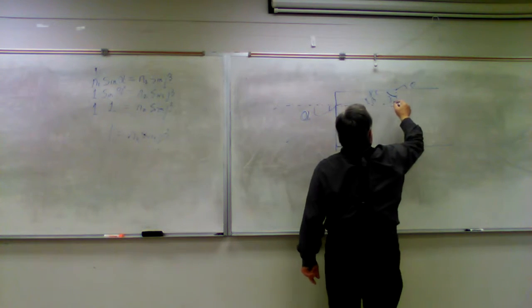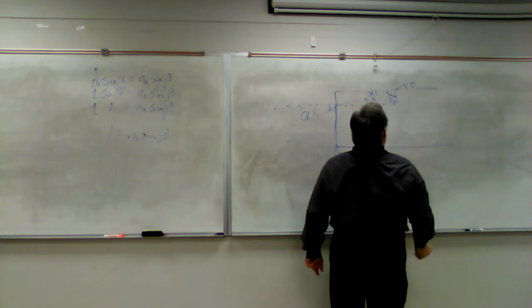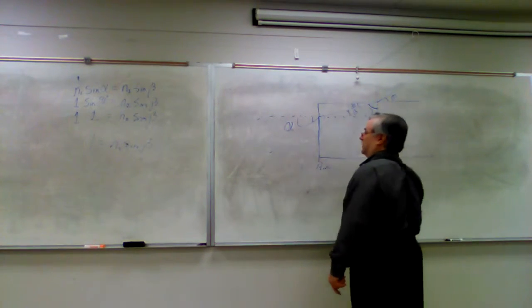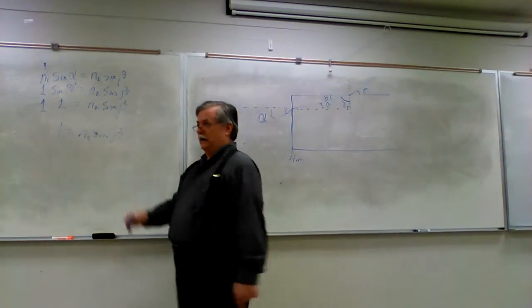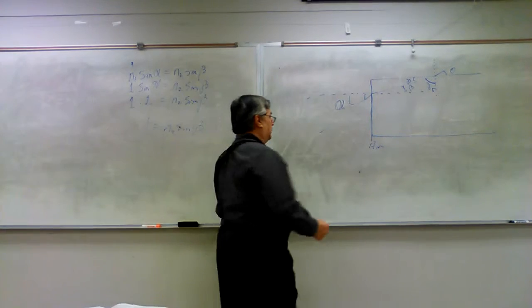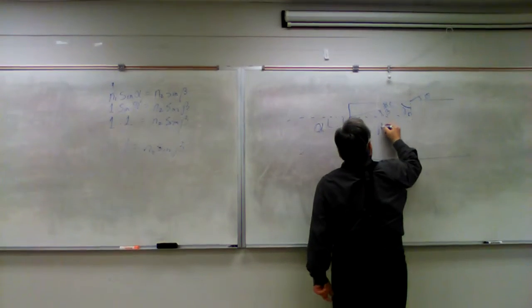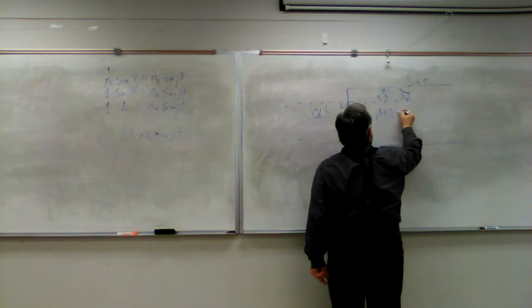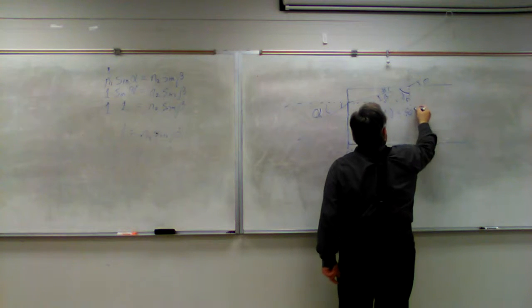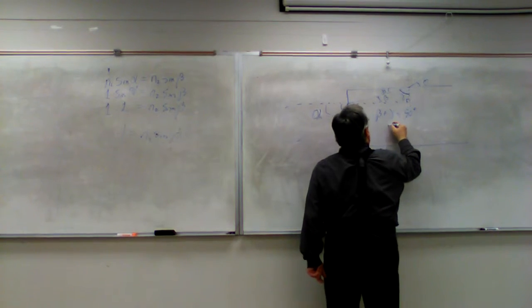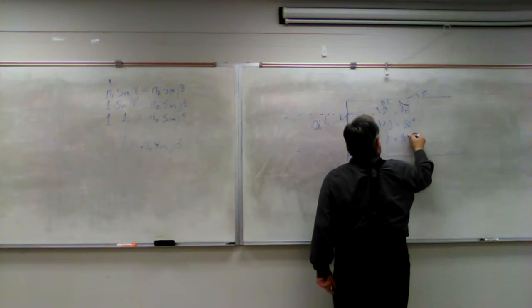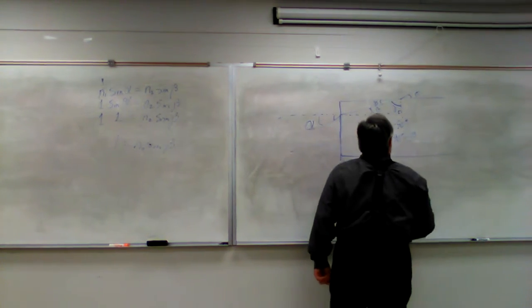That means that's a beta there. That angle is also beta, which tells us that beta plus gamma equals 90 degrees. Either way you go, you're going to get there. Beta plus gamma equals 90 degrees, or gamma equals 90 degrees minus beta.